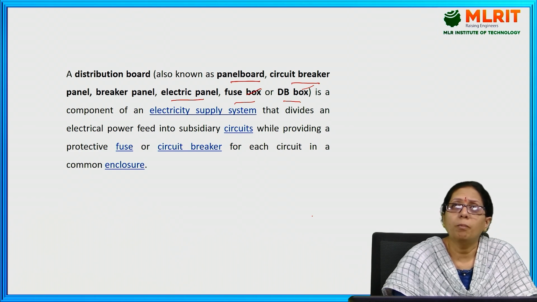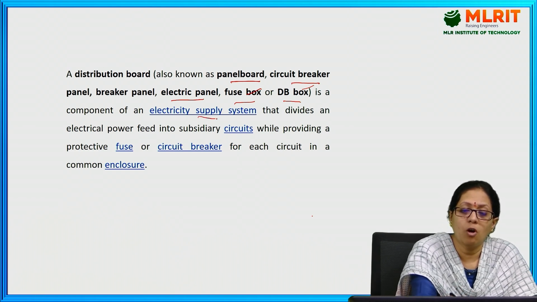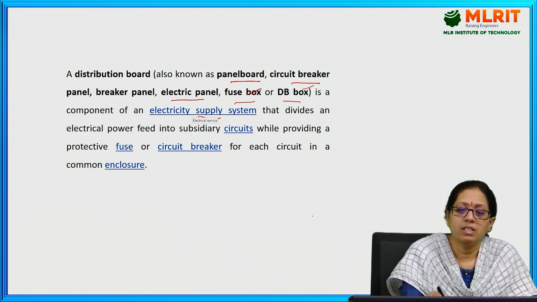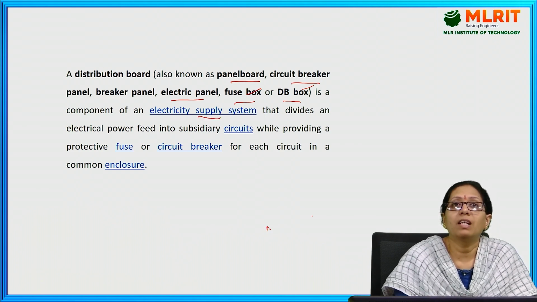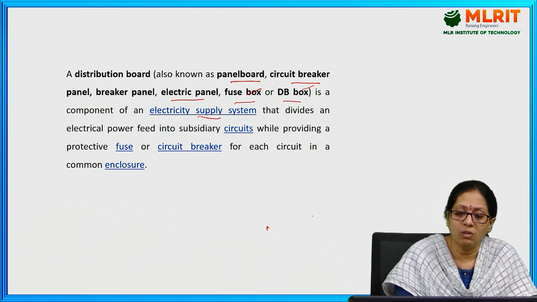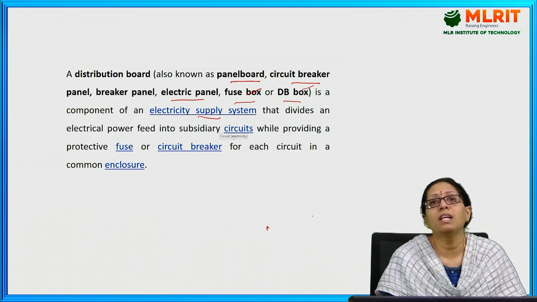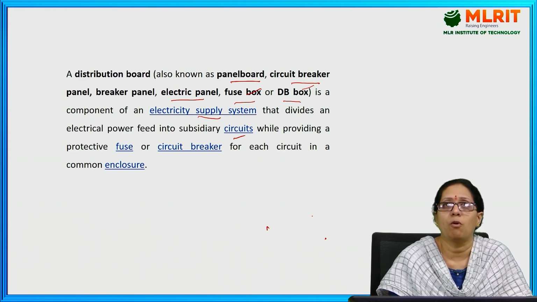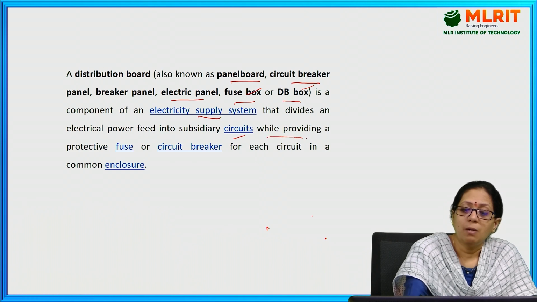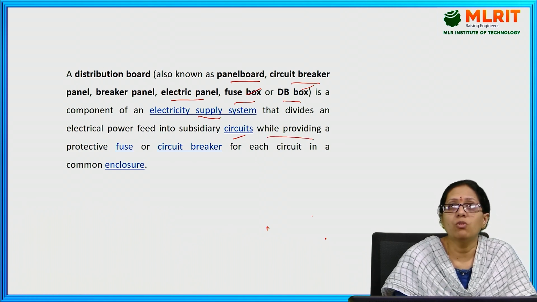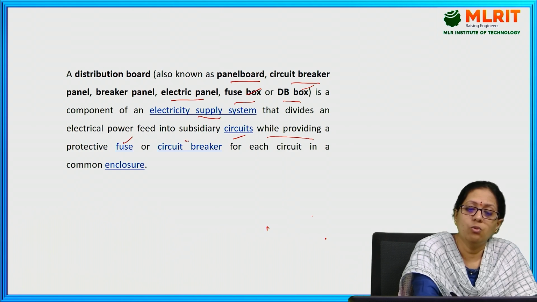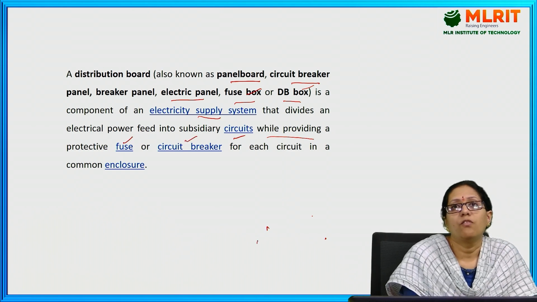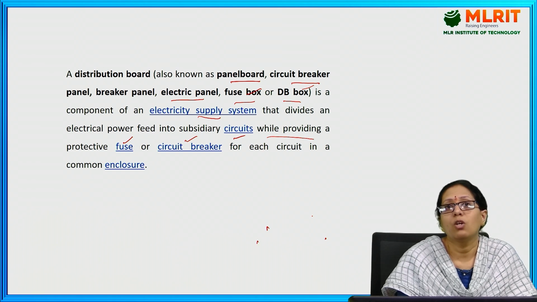It is a component of electrical power supply that divides the electrical power fed into subsidiary circuits. That is, the main circuit is divided into different circuits, and these circuits are connected to an MCB placed in the distribution box, while providing a protective fuse or circuit breaker for each circuit in a common enclosure.